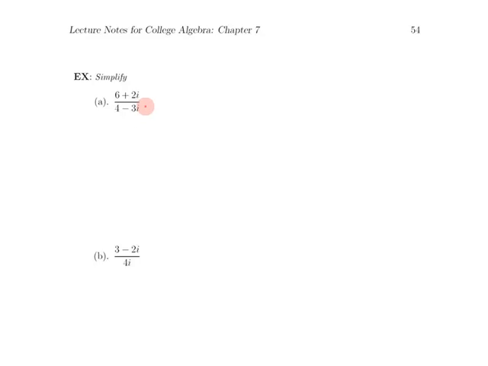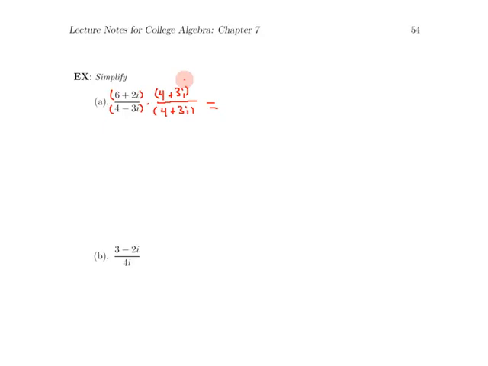In example A, we have 6 plus 2i divided by 4 minus 3i. We're going to multiply by the conjugate of the denominator, which will be 4 plus 3i. But we do the same thing on top and bottom so as to not change the value of the fraction. So now, because it's a binomial times a binomial both in the numerator and the denominator, we will use FOIL as our technique.